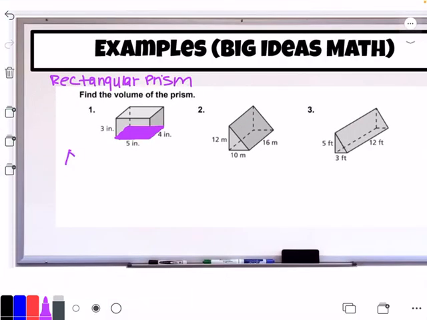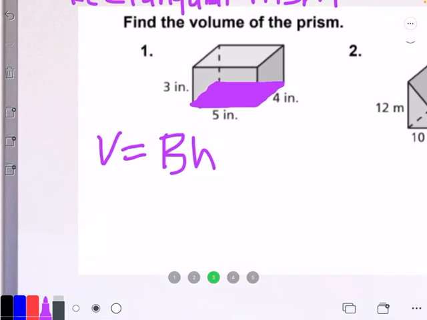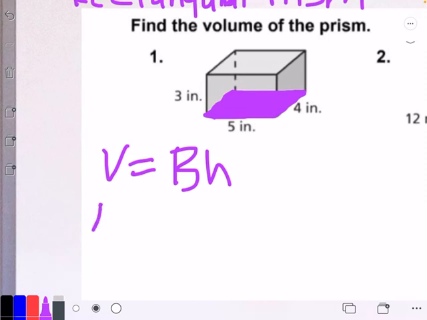I'm going to write my other formula first. I'm going to write volume equals capital B times H. Now I'm going to do my other area formula, length times width, and I'm going to plug everything in.